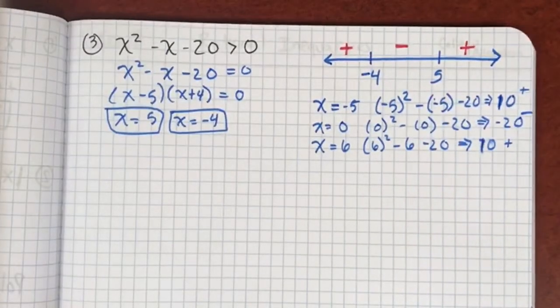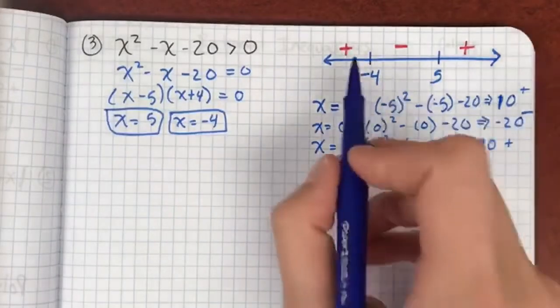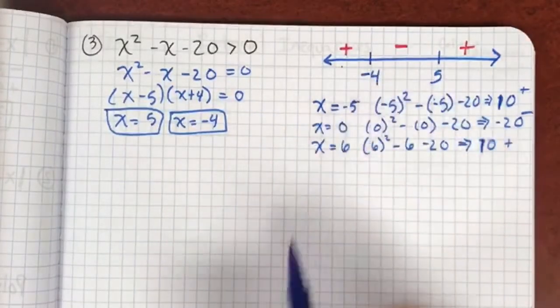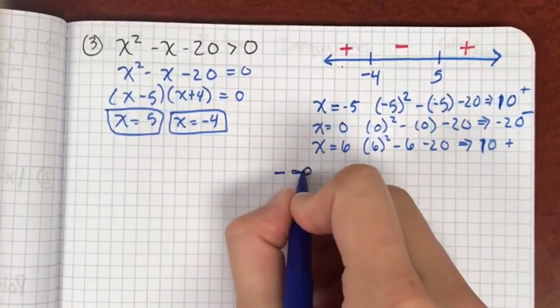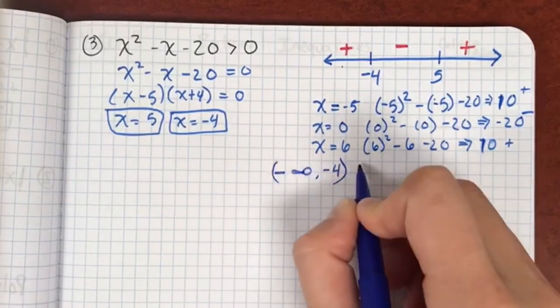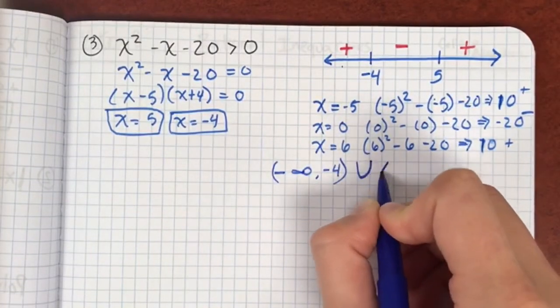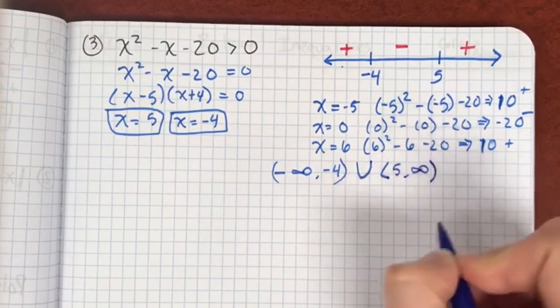All right, so here we want values that are greater than 0. So greater would be these two positive sections. All right, and so this would be from -infinity to -4, and that connects to 5 to infinity.